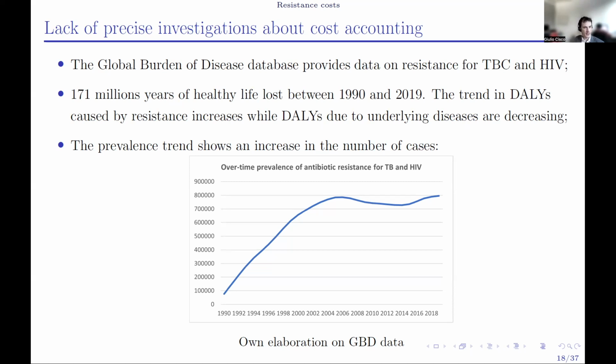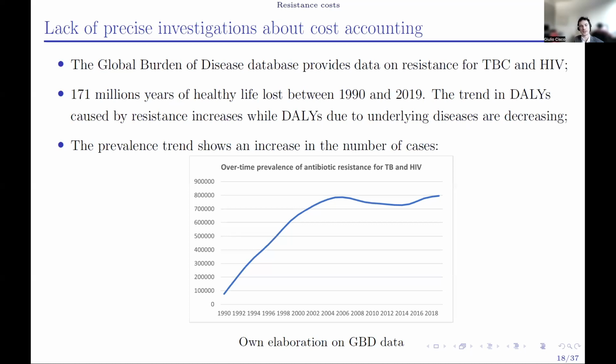Just a couple of data that I found interesting: I quickly calculated that in the last 30 years, because we have data between 1990 and 2019, we have 171 million years of healthy life lost. These are basically the DALYs, and the trend in DALYs is interesting.